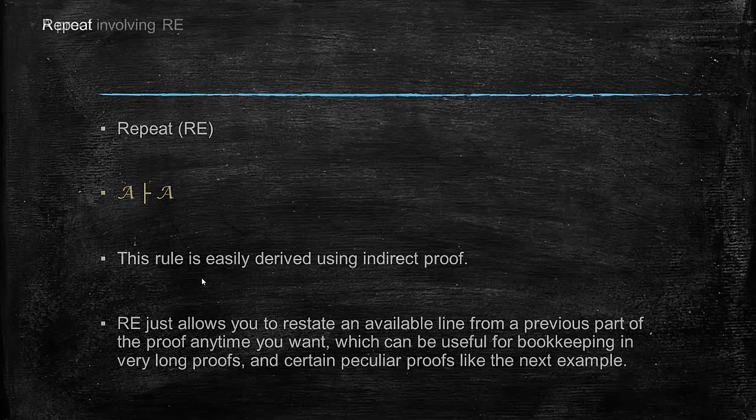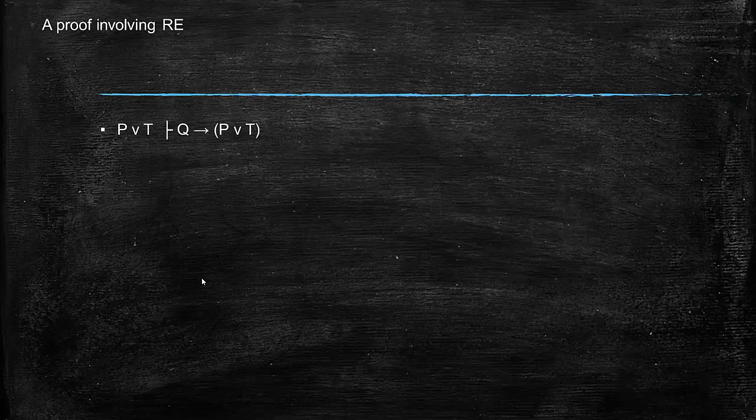So what kind of proof could you use that for? Well, here's a funny proof. You wouldn't have been able to do this before without repeat. So assume P or T, and then prove if Q then P or T. Well, the obvious thing to do is hypothesize Q, right?